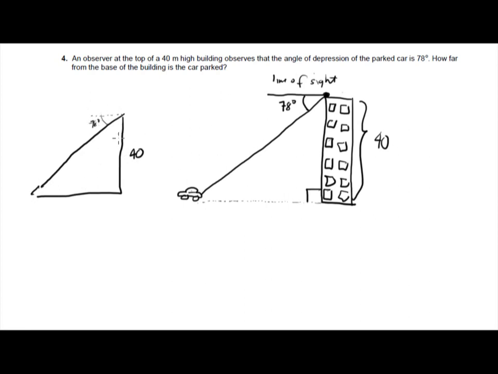If this is 78 and we know that this is 90, then this angle must be equal to 12 degrees. 78 plus 12 is 90 degrees. Okay, so if you're looking for the distance, how far from the base of the building the car is parked, we're looking for this distance, then we can use this triangle to solve for this.